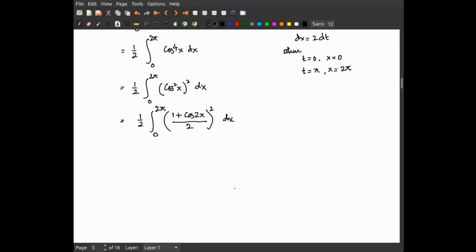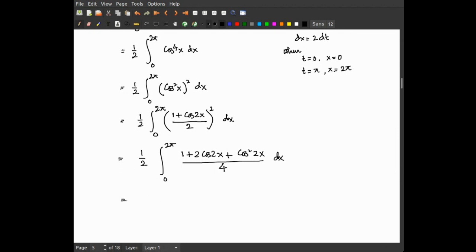So we can distribute that square to both of them. That means 1/2, from 0 to twice pi, then the numerator will be a plus b whole square: 1 plus 2ab, so that means 2 cos 2x, plus b squared, that means cos square 2x, divided by the denominator square, which is 2 squared, so 4, dx.